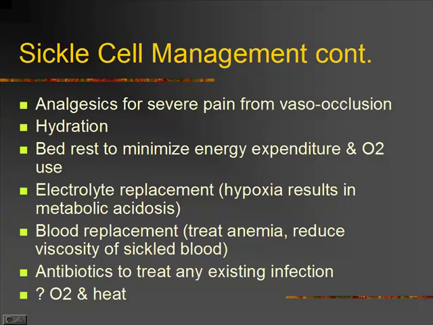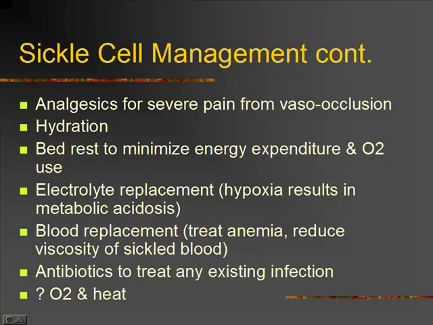We're going to have to think about electrolyte replacement because there could be a metabolic acidosis going on that triggered the sickling, so we may have some electrolyte imbalance. We may have to do blood replacement. Remember, the cells break, they end up anemic, so we may have to decrease the anemia, and then decreasing the viscosity of the sickled blood.